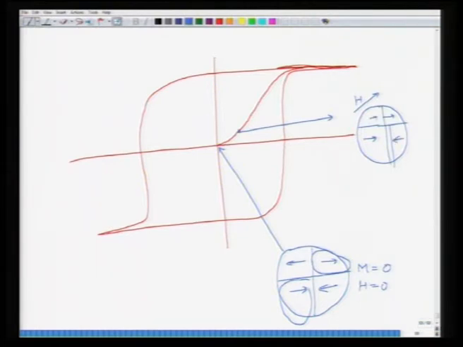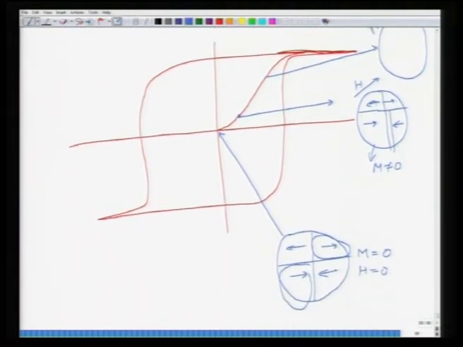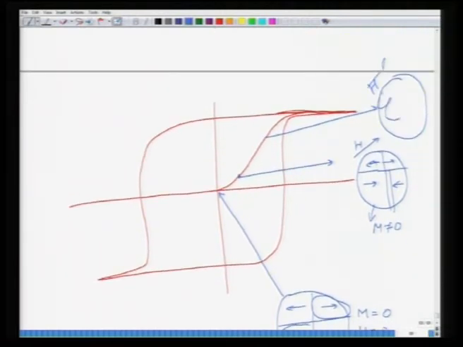So, as a result you have M which is not equal to 0. Now, let us say when you reach somewhere here, you do not have any nucleation of new domains, rather what you have is growth of the old domains itself, the most favorably oriented old domains. So, when you reach this point for instance, let us say your field was in this direction.